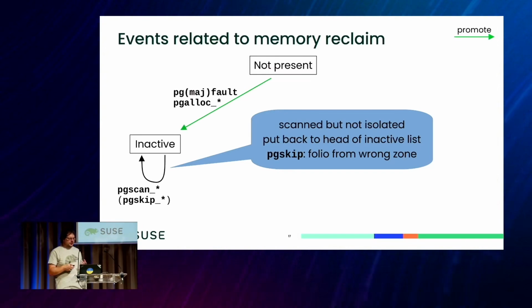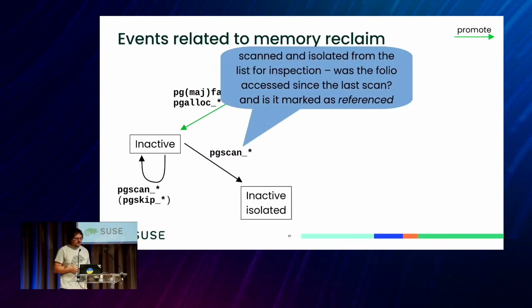So it will scan it, incrementing the pgscan counter, but sometimes it will not be able to isolate it, or maybe it's from the wrong zone, which increments the pgskip counter, and it's put back to the inactive list.